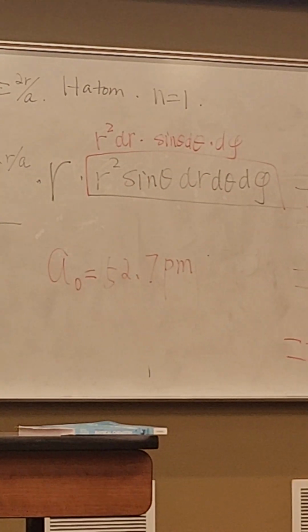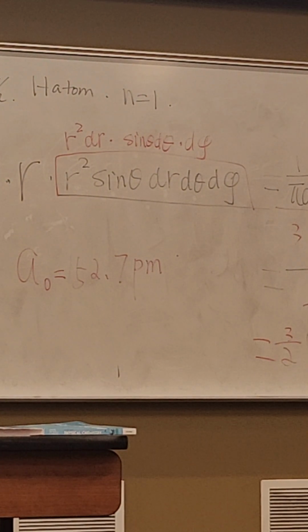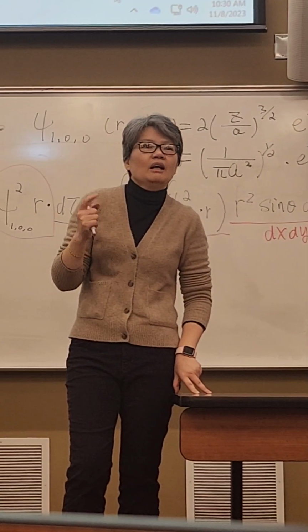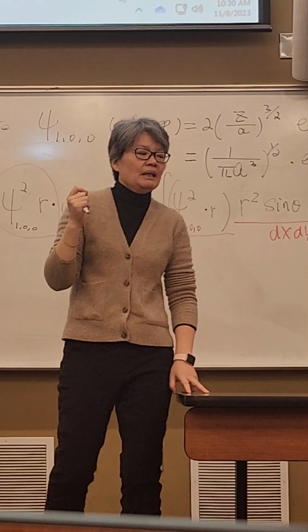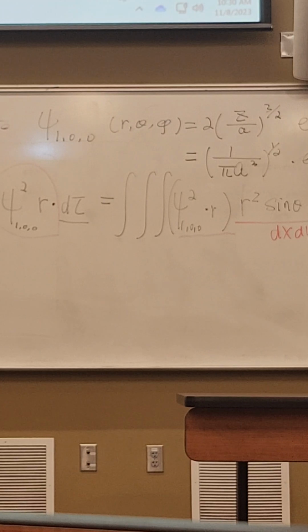In the US we use standard units like inches, foot and yard, but in science a lot of time we use SI units. So we use meters, centimeters, millimeter, picometer, nanometer, etc.